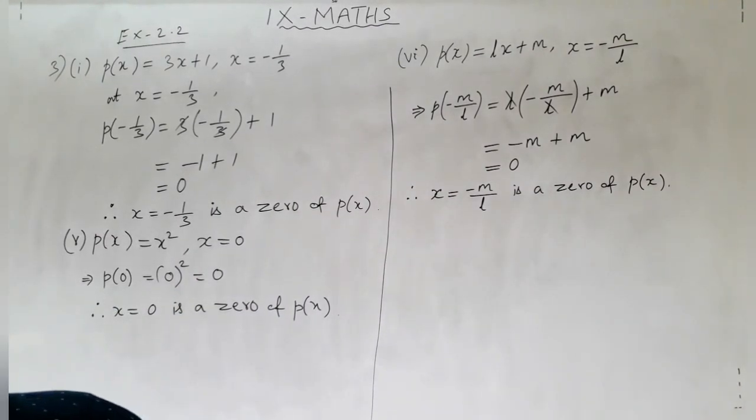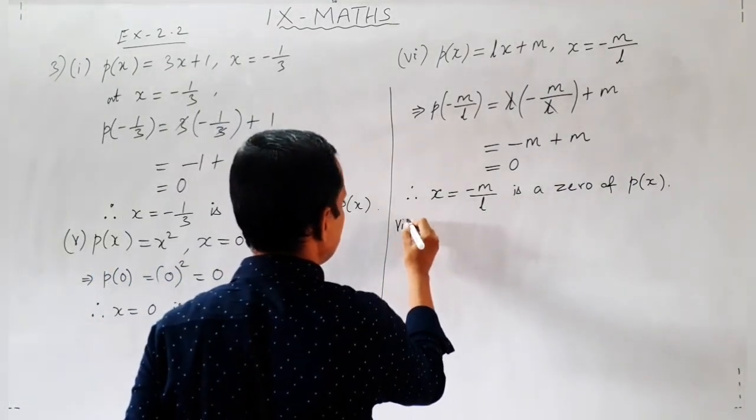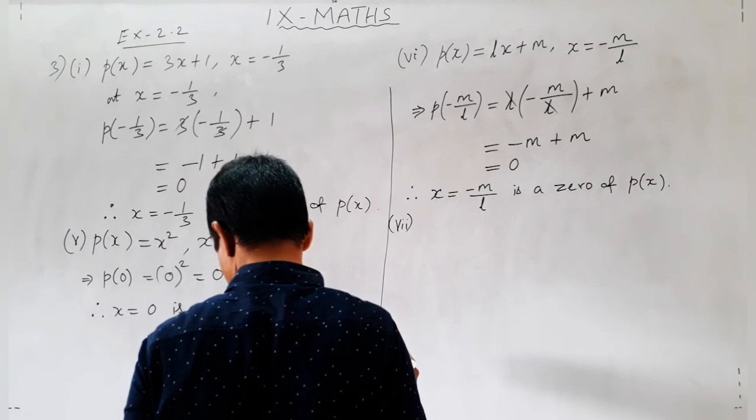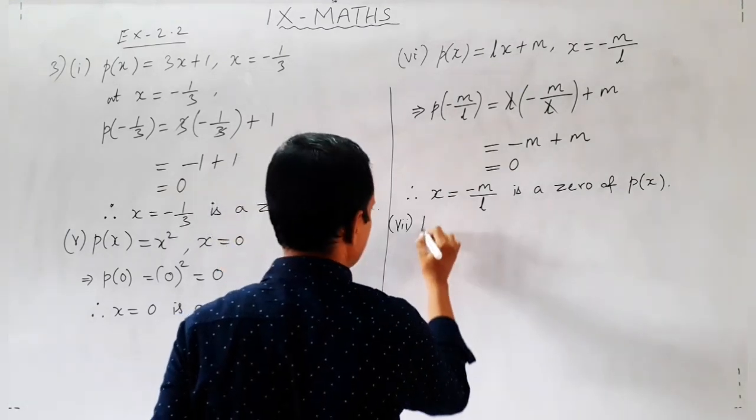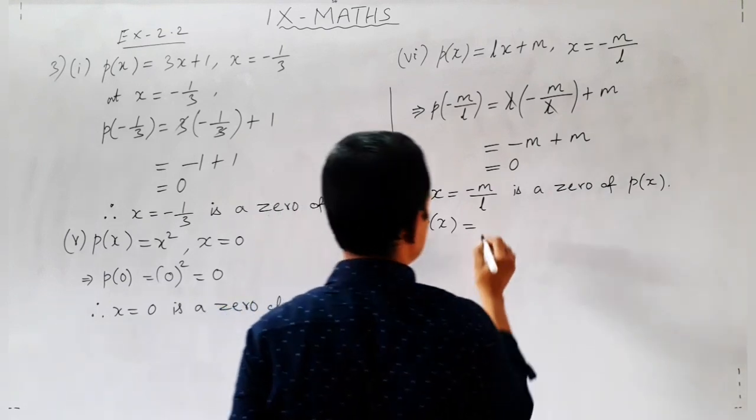And one more sum I will do for you. In option 7, it is given 2 values are there. Okay, we will see. Option 7. You see, P of x is equal to 3x square minus 1.